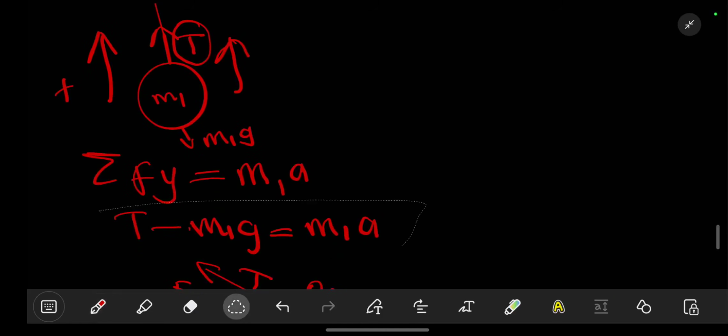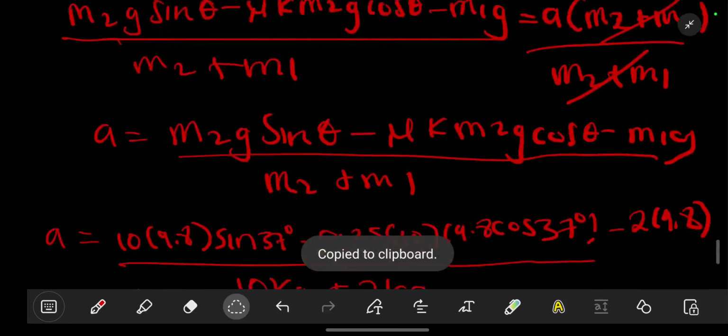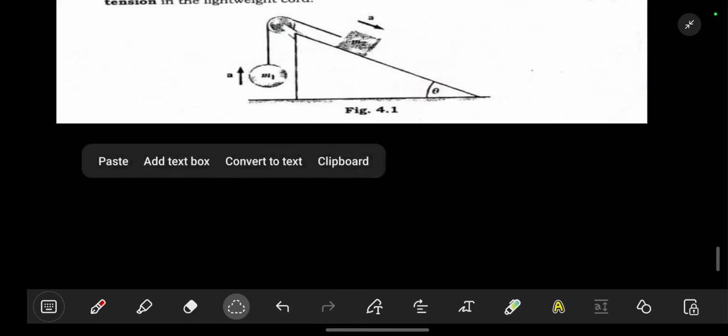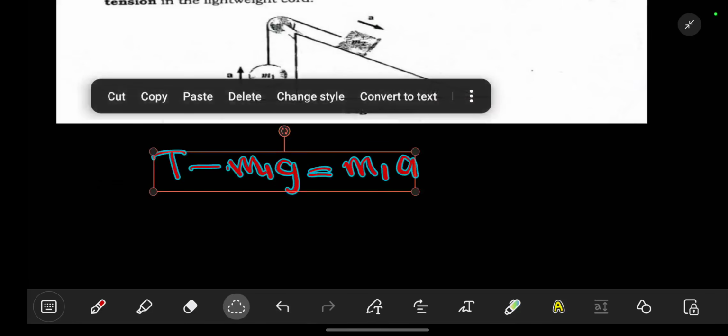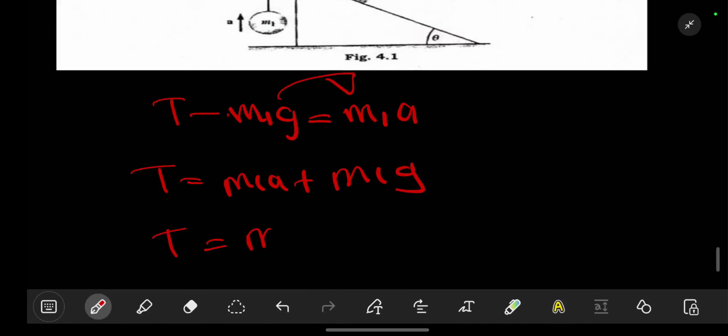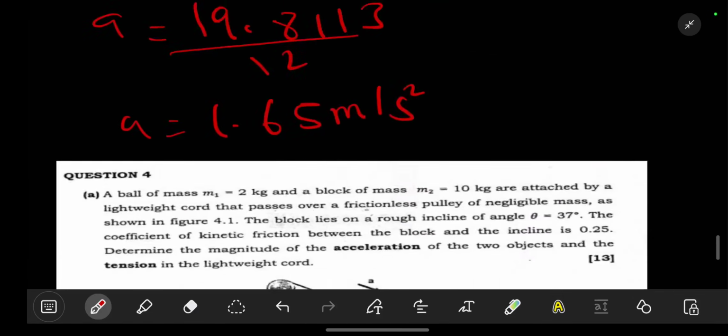Then we substitute. So tension should be equal to, when this goes to the other side, m1a plus m1g. So tension should be equal to m1, which is common, times a plus g. So our tension should be equal to, what is our m1?